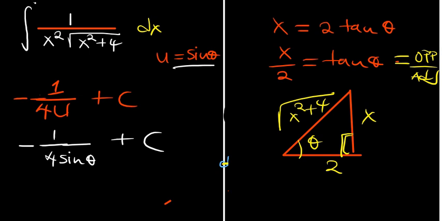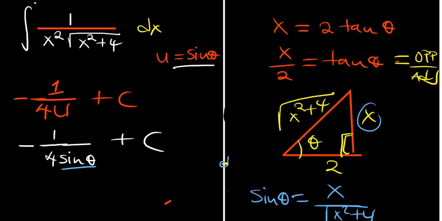So if we check our answer there, we've got sine theta, which according to SOHCAHTOA is opposite over hypotenuse. So our opposite is x, and our hypotenuse is the root of x squared plus 4, right? Now, since in our answer it's on the denominator part, we just have 1 over sine theta, so it's the reciprocal of sine theta. It means what's on the bottom becomes the top part.